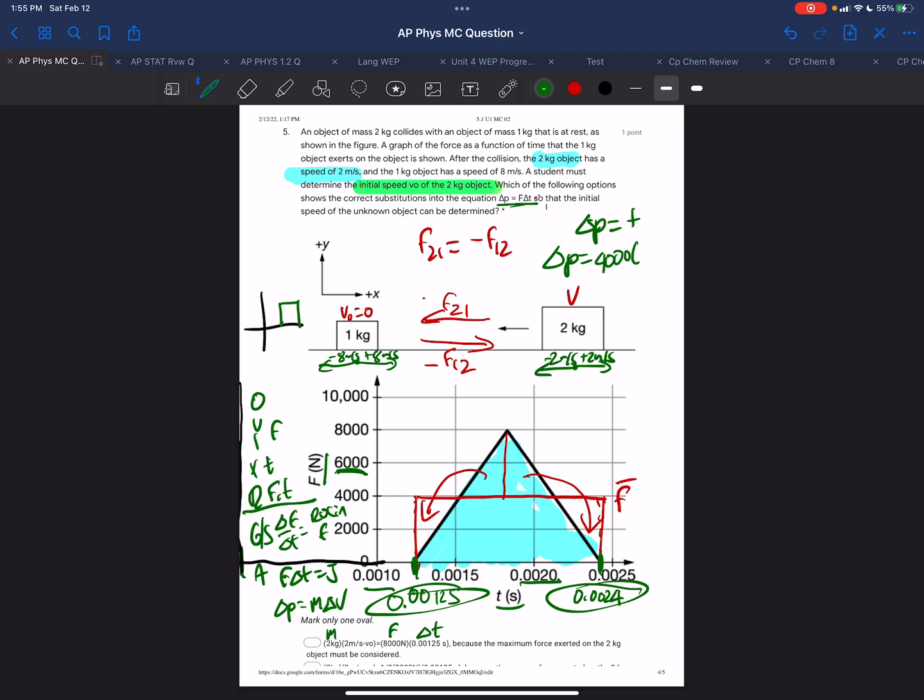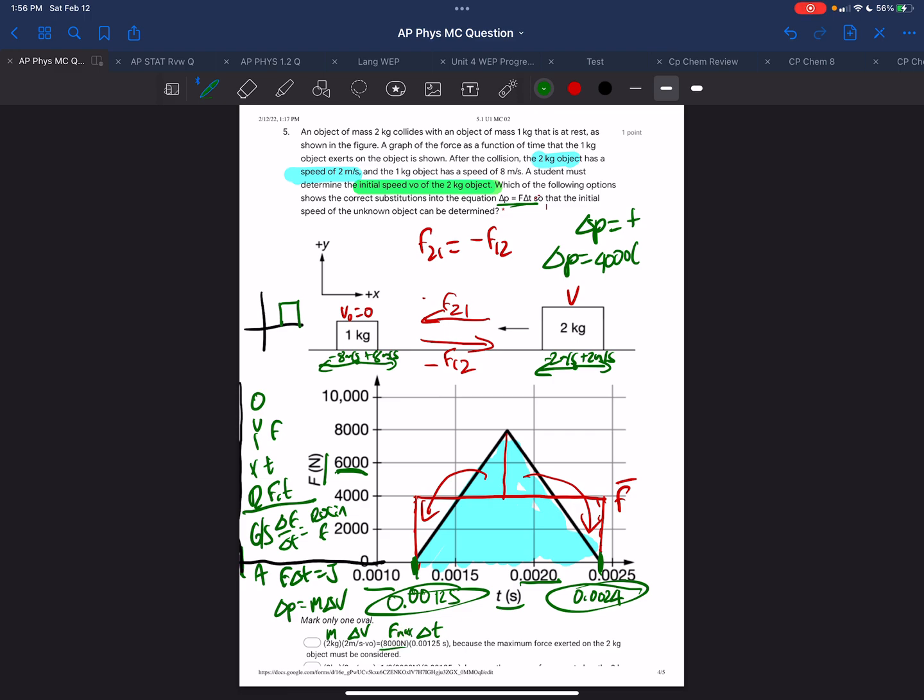Here we have a mass, and this is a delta V. So there's a substitution, and this F is F max.